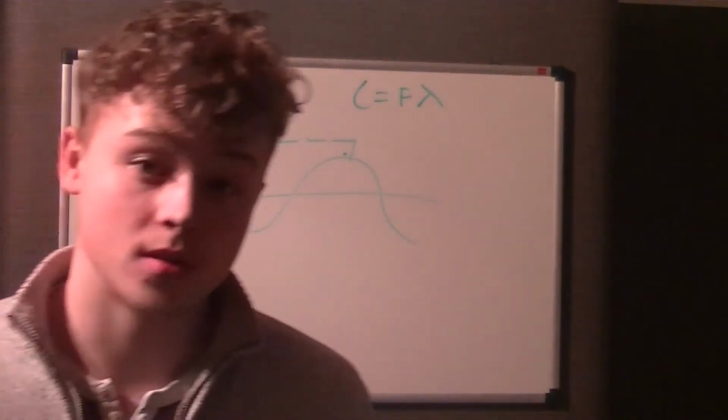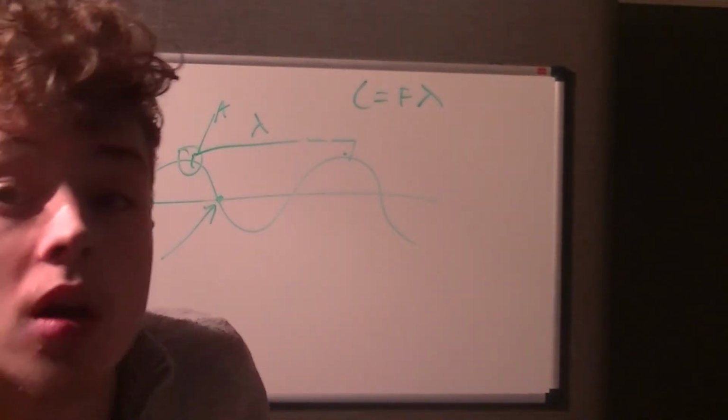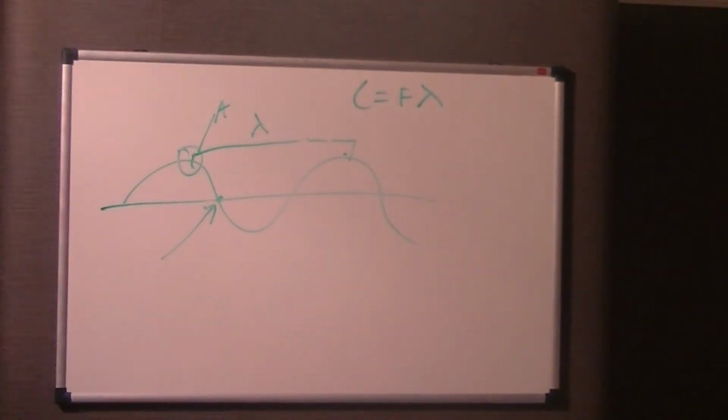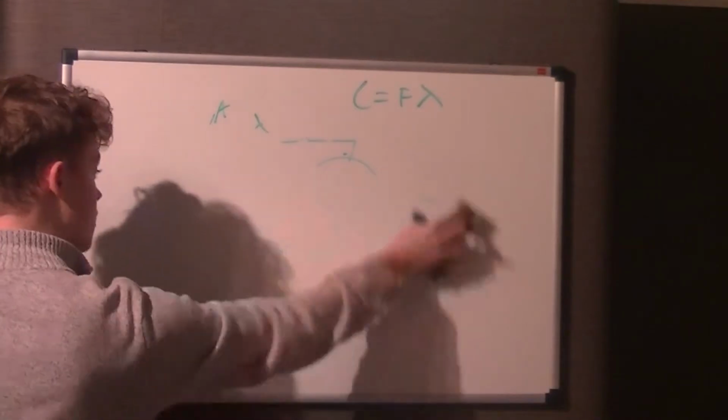Now the phase difference. A wave is not just a line, it's made up of individual particles. Light, for example, acts as a wave and acts as a particle.